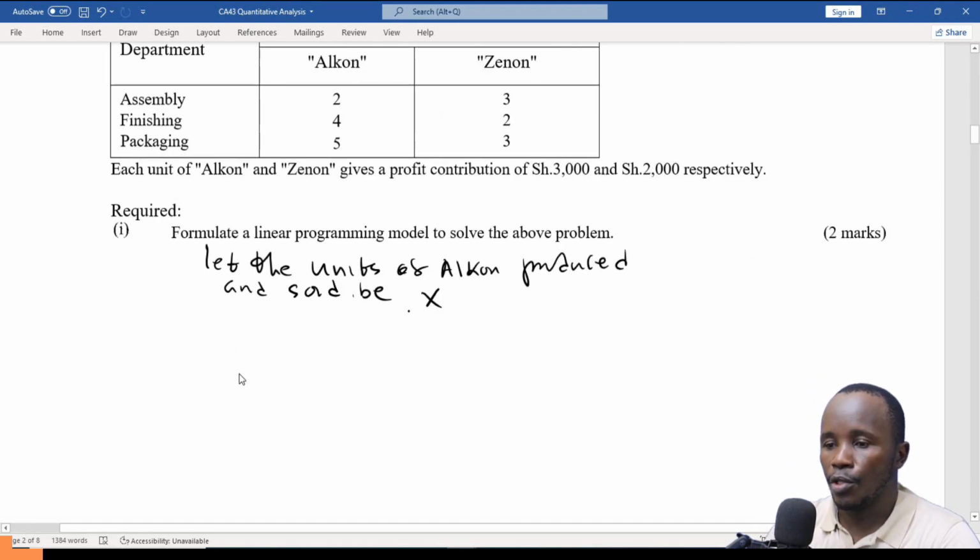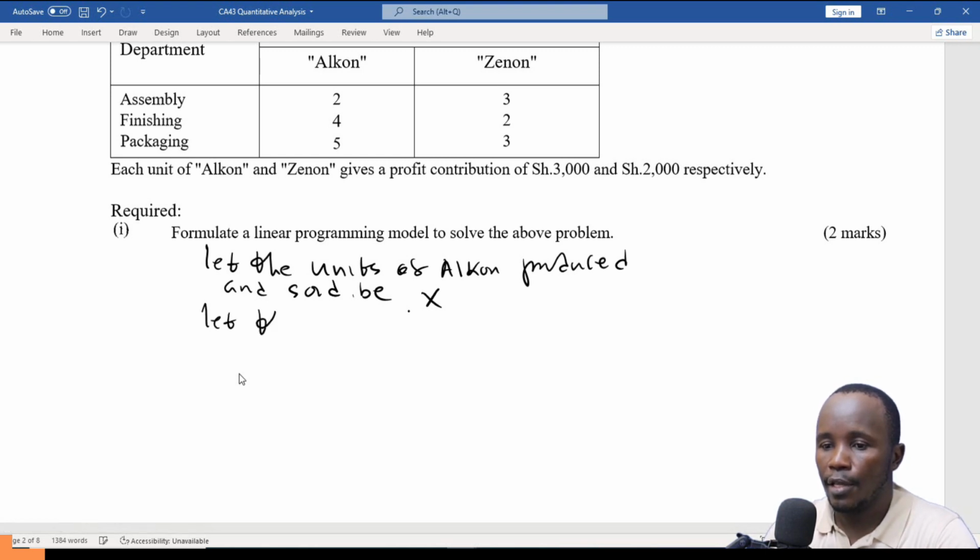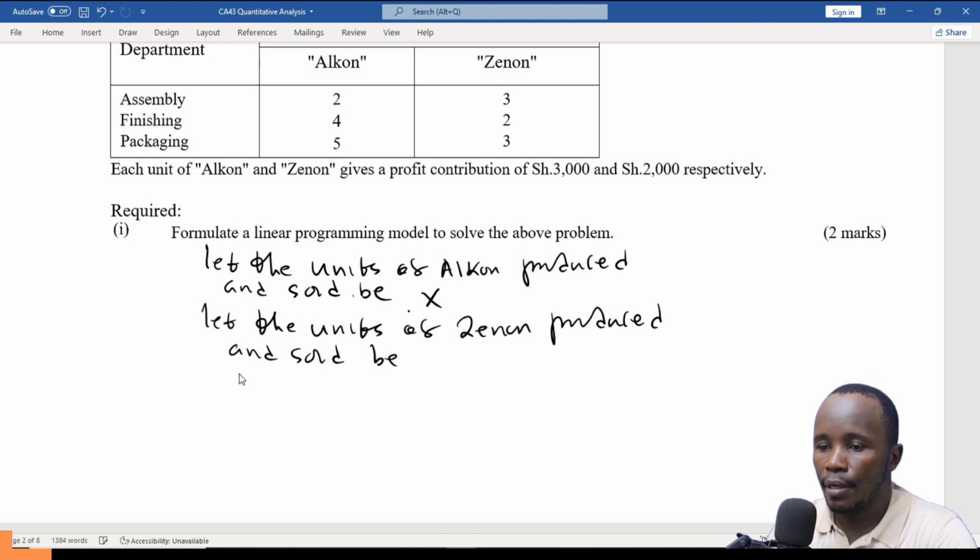Then you also say, let the units of Xenon produced and sold be Y.